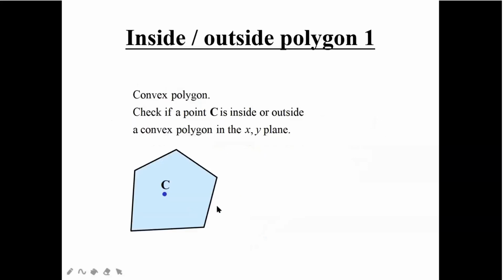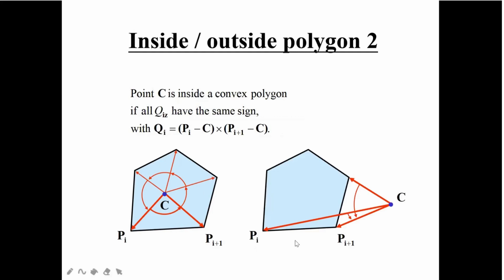Now here is one more thing, which is known as the inside or outside polygon test. Okay, now I have a convex polygon. Here I have to check whether the point C is inside or outside the convex polygon. Let's consider that this C is in my xy plane. Okay, so if it is in my xy plane, then what will happen?